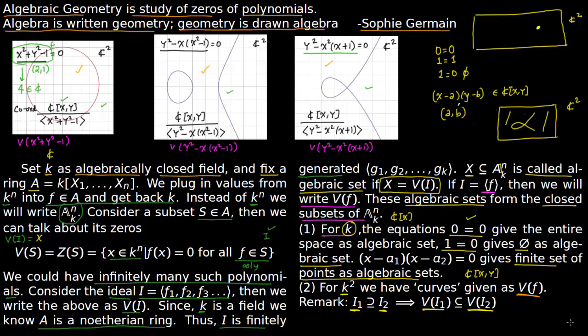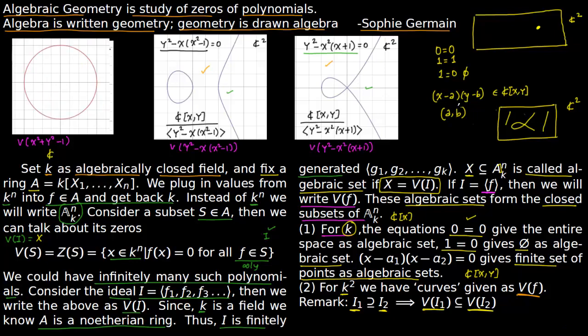Let us see this in an example. You have the equation of a circle right here, and say you add to it another polynomial, x equals 1. So you get another line like this, x equals 1.